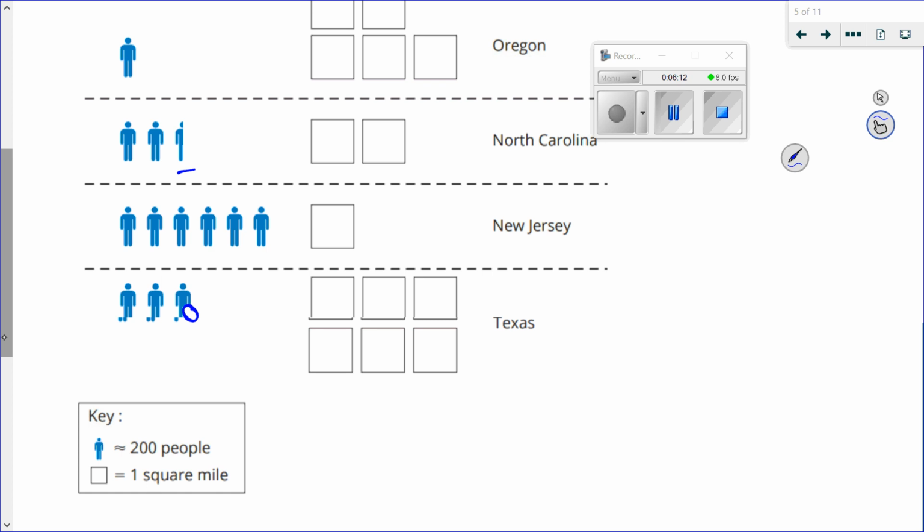So I'll give you 2 hints on this actually. Number 1, the easiest way to solve this is to put the numbers to the figures so that you've got numbers to work with. Secondly, if I'm looking at highest population density, is that going to be the biggest number or the smallest number? Highest number per square mile.